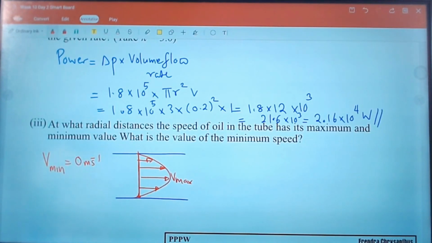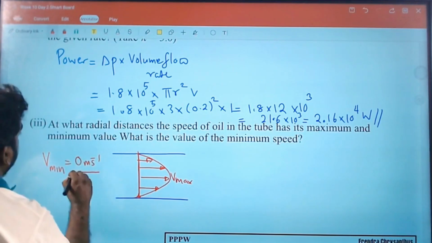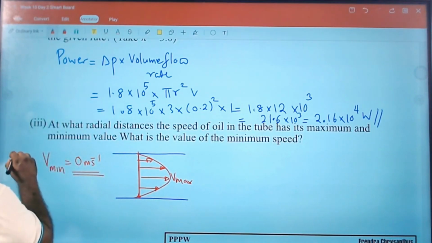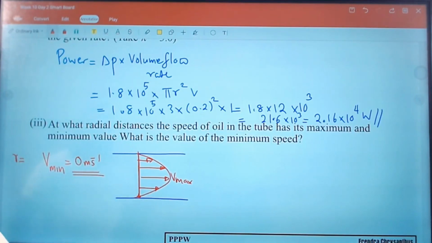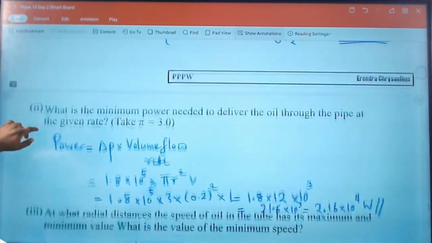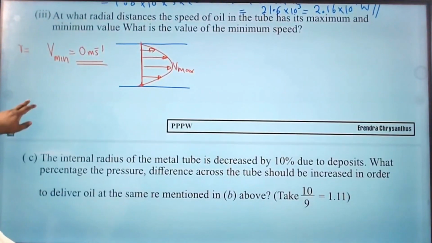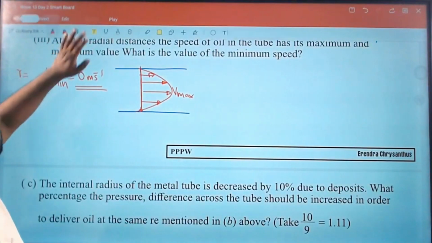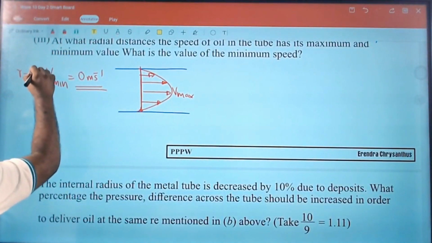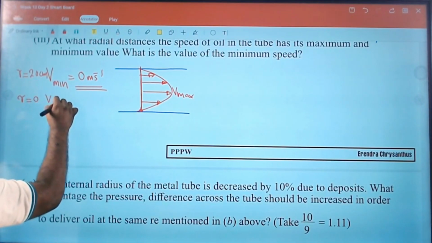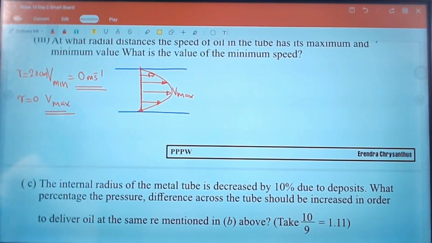What's the value of the minimum speed? 0 meters per second. Why? No slip condition. Liquid touching the boundary is going to be 0. So here R equals radius, radius 20 centimeter. Radius 0 meter only V max.